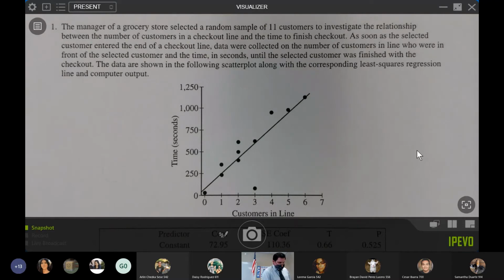So in this example, we have a manager of a grocery store that selected a random sample of 11 customers to investigate the relationship between the number of customers in a checkout line and the time to finish checkout. As soon as the selected customer entered the end of a checkout line, data was collected on the number of customers in line who were in front of the selected customer and the time in seconds until the selected customer was finished with the checkout. Data are shown in the following scatter plot, along with the corresponding least squares regression line and computer output.